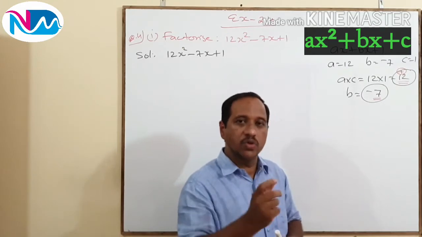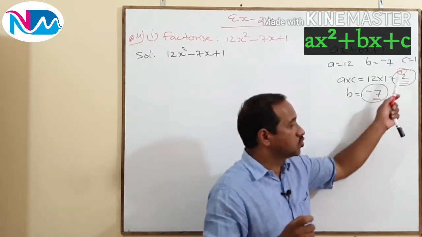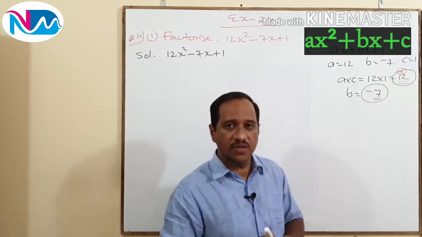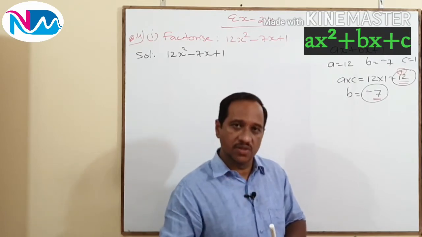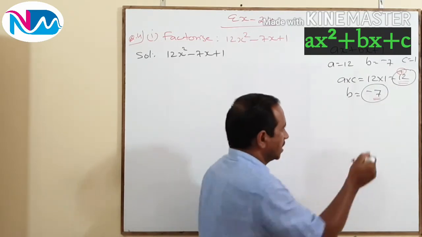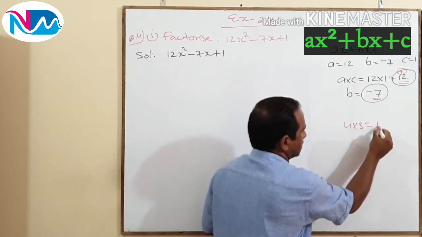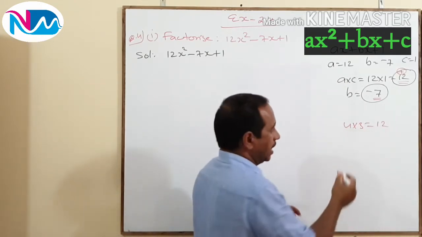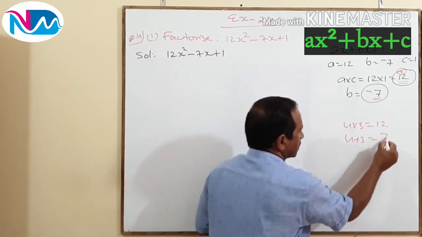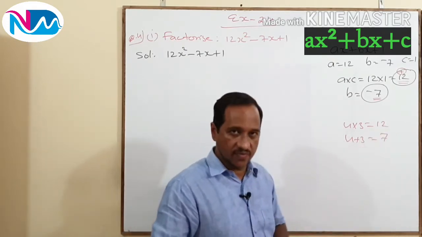Here, what are the two numbers whose product is 12 and the sum is 7? 4 and 3. 4 into 3 is equal to 12 and 4 plus 3 is equal to 7.